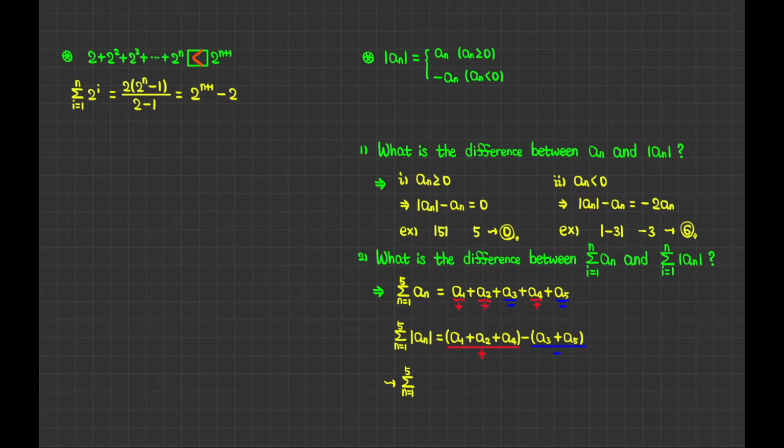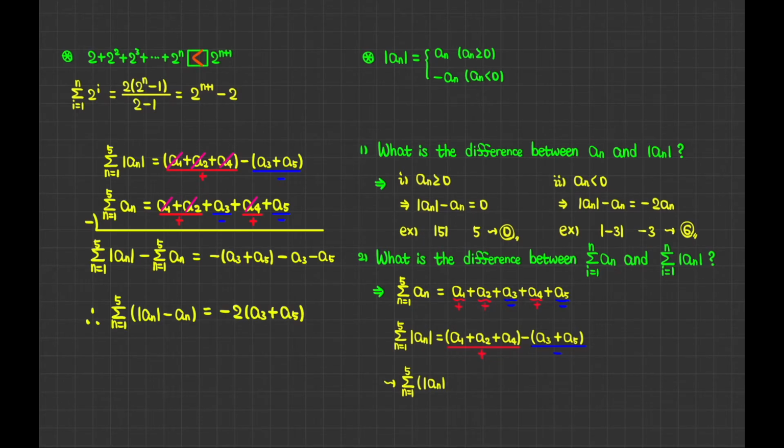Now I'm going to find the difference, which means I'm going to subtract this from this in order to make the difference positive. So the absolute value of an minus an, I just combined it, okay? That's the trait of the series, right? The positives will just go away, right? They will be eliminated. But the negatives won't vanish. They will remain, but doubled, right? So it becomes minus 2 times (a3 plus a5).